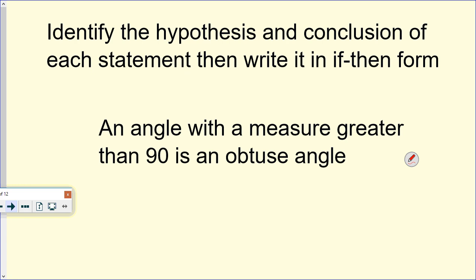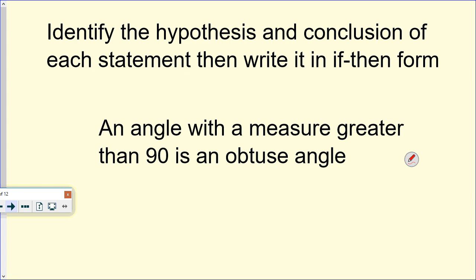Remember, our conclusion a lot of times is a what? Our hint was, our conclusion is the result, or it's one of our vocab words. It says an angle with a measure greater than 90 degrees is an obtuse angle.